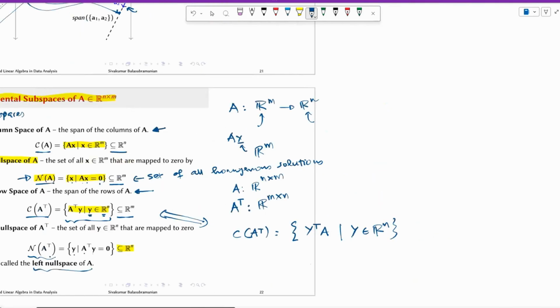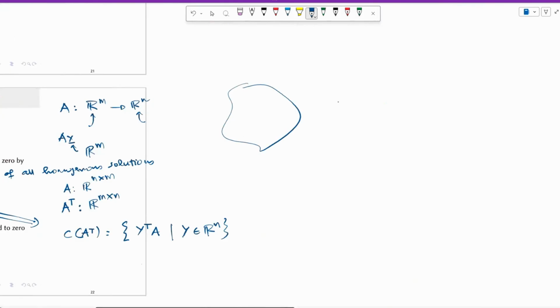So one way to think about this is, we will again refine this, this picture is not entirely correct, but maybe to start with this is okay. Let's say this is Rm, this is Rn.